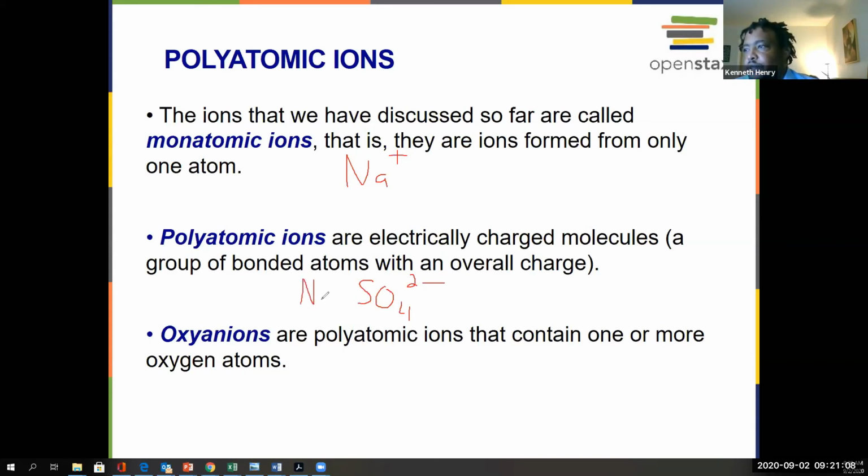How many sodiums, which is Na+, could interact with my sulfate to balance it out so that it'll be neutrally charged? I would need 2 sodiums to interact with my 1 sulfate. So when it forms its ionic compound, I would have Na2SO4, and I would call this sodium sulfate.